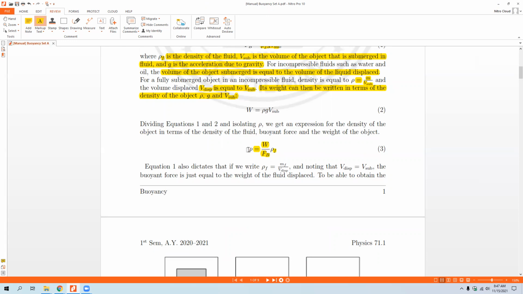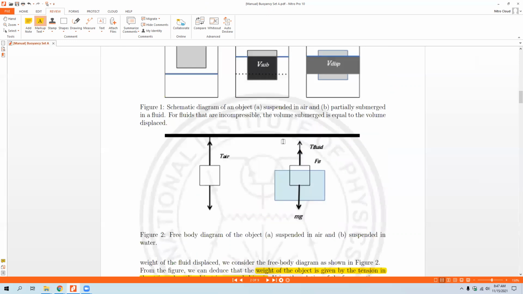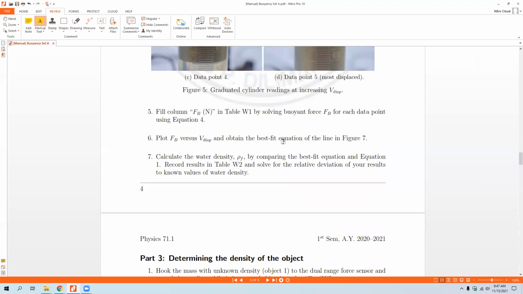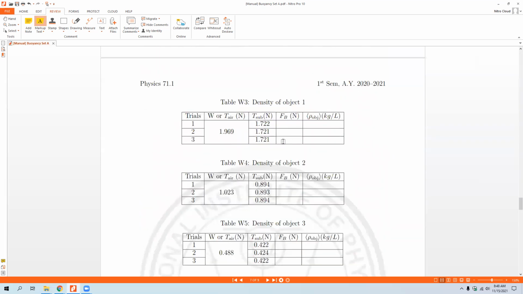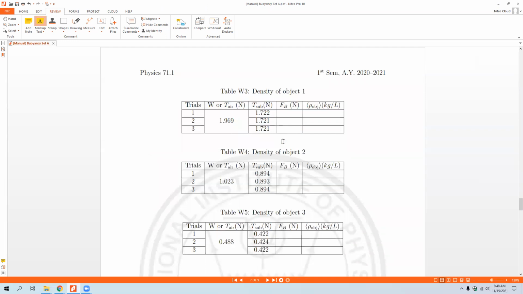You can use this one. Either equations 2 or 3. Pwede gamitin for that one. So for this part, you are to include calculations, pero tables W3, W4, and W5 are actually identical in calculations. So I only need calculations for one set of values.